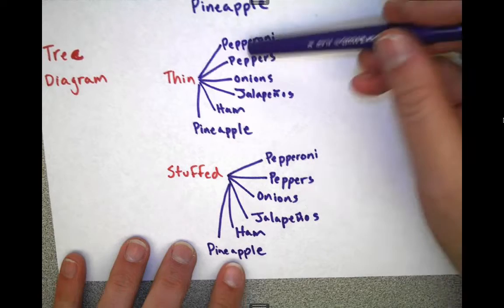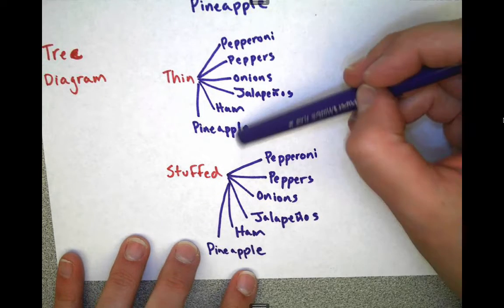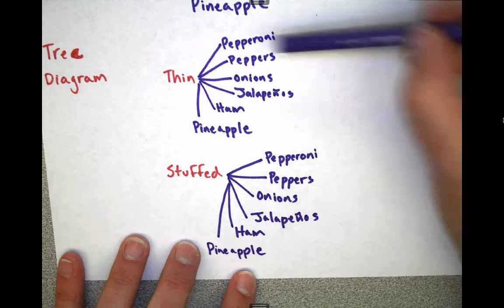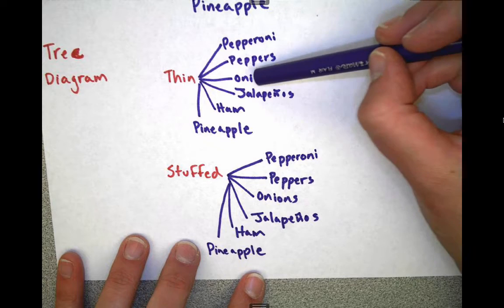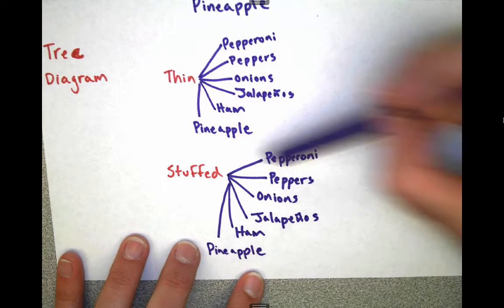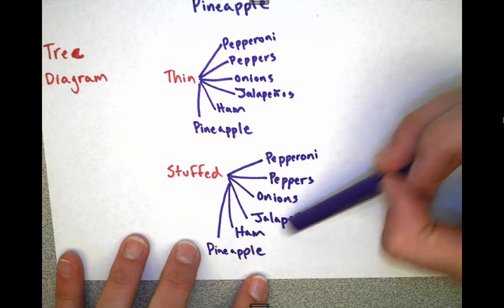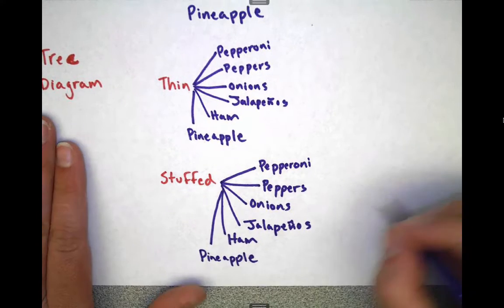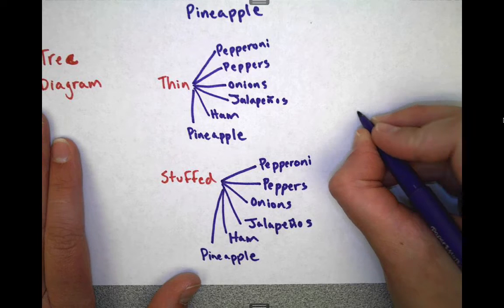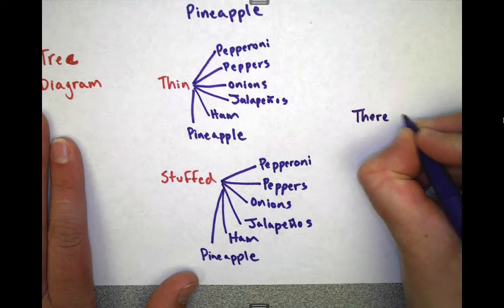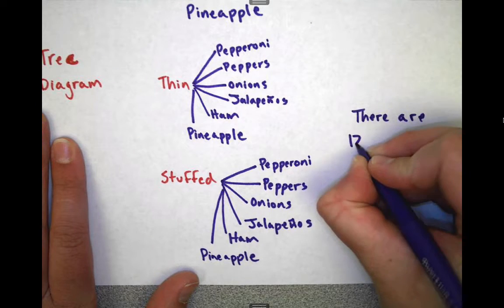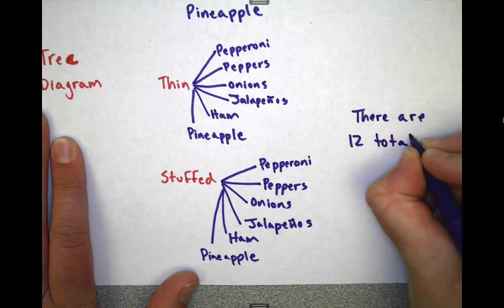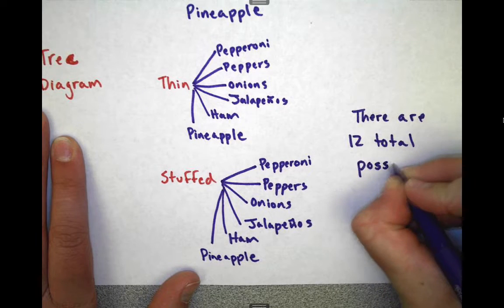I see I could do thin crust with any of these or stuffed crust with any of these. There is 1, 2, 3, 4, 5, 6, 7, 8, 9, 10, 11, 12. There are 12 total possible outcomes. So over here I'm going to write there are 12 total possible outcomes.